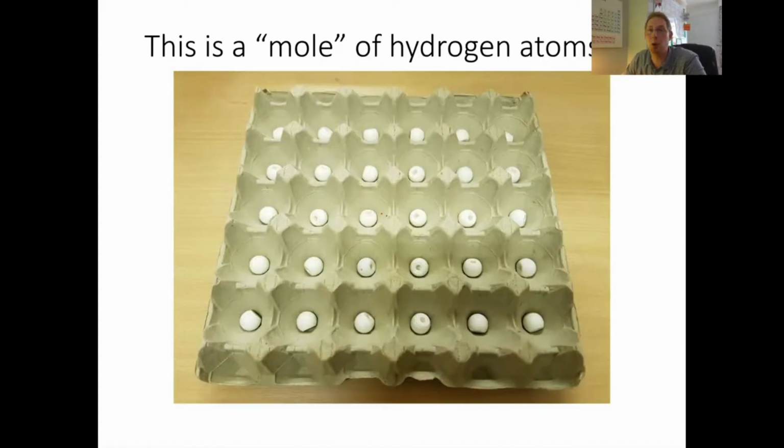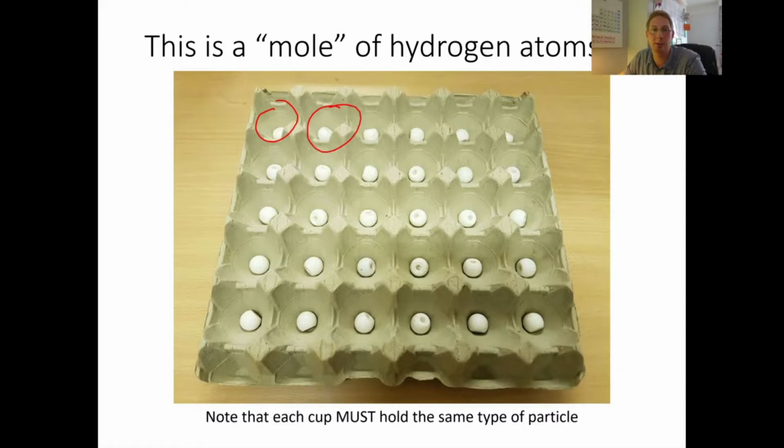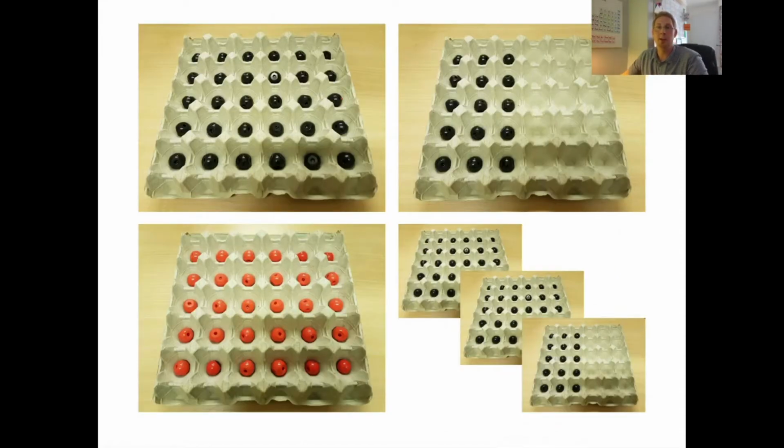So this would be a mole of hydrogen atoms, each one of these slots holding a hydrogen atom, and when it's full, that is a mole of hydrogen. Note, it doesn't make sense to talk about a mole of anything really but a pure substance, so each one of these slots must hold the same thing. So pause the video and have a think about what these might represent.